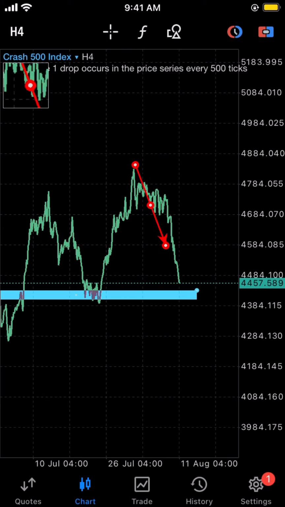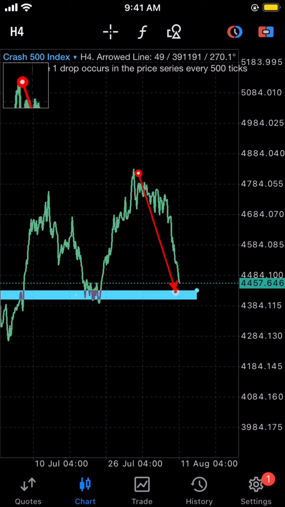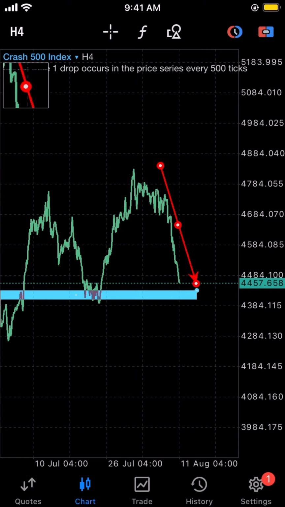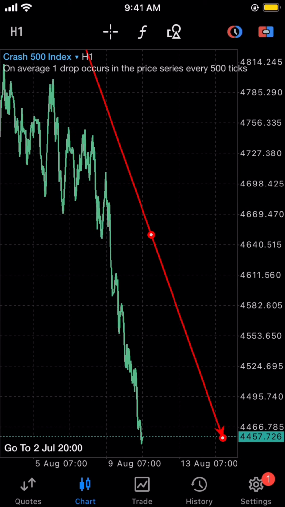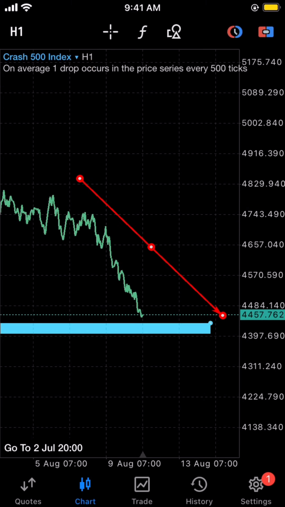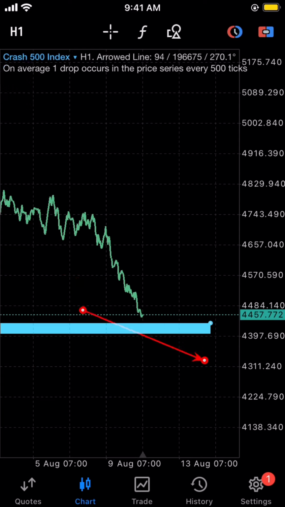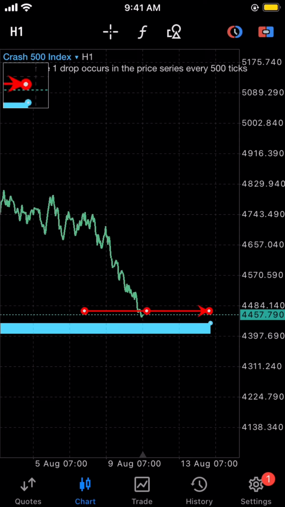As you can see, the price was coming down from this area with huge momentum. It was falling down, but right now it is approaching the key support area. So there is the level. This box area is the level where we are going to make a decision either to buy or to sell.